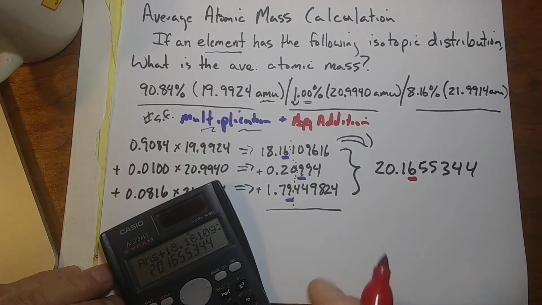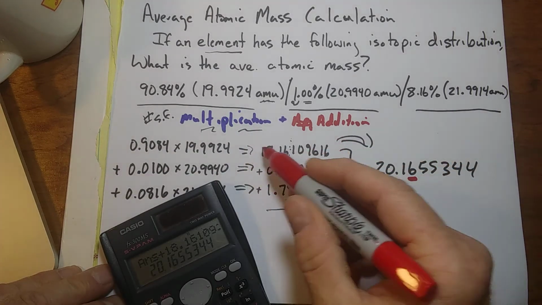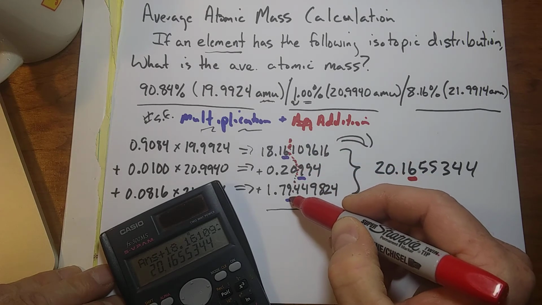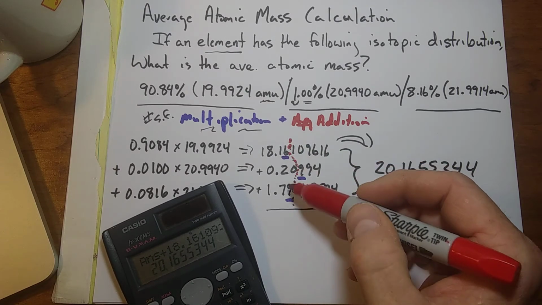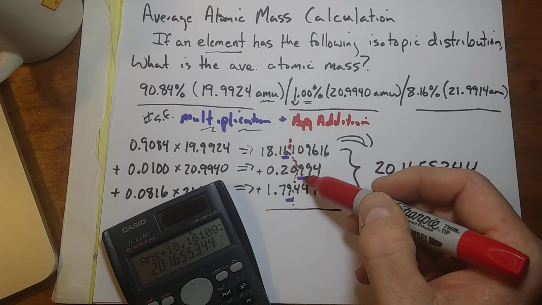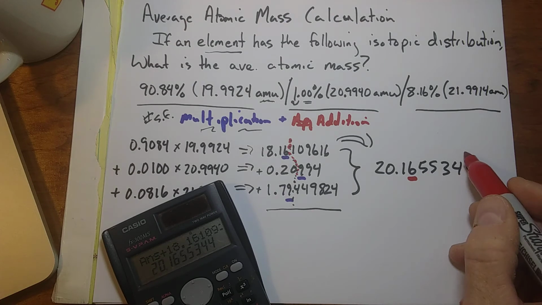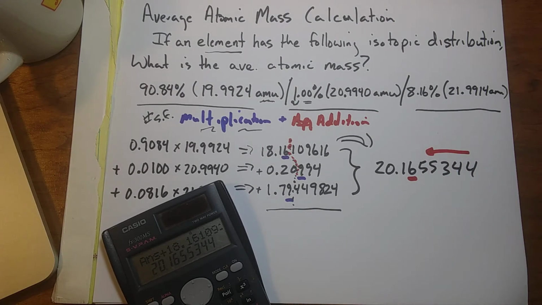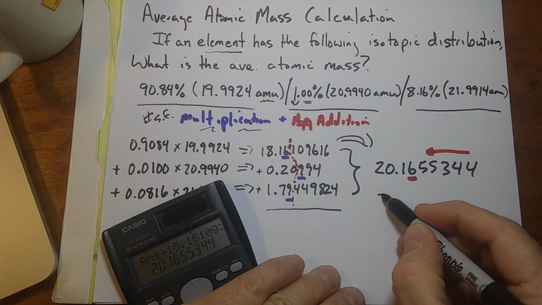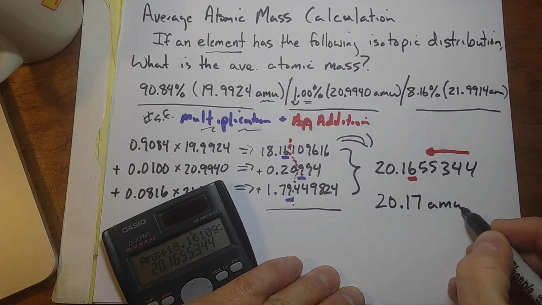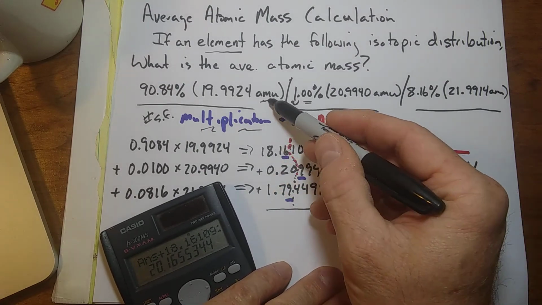I'm not thinking multiplication, I'm thinking addition. It was all about place value, and I had to go to the hundredths place because this one only has sig figs out to that point. This one had it out to the thousandths place. So I'm going to cut back to this digit here. So of course if I do that, we see that it bumps up to 20.17 AMU, and we'll put that unit back in.